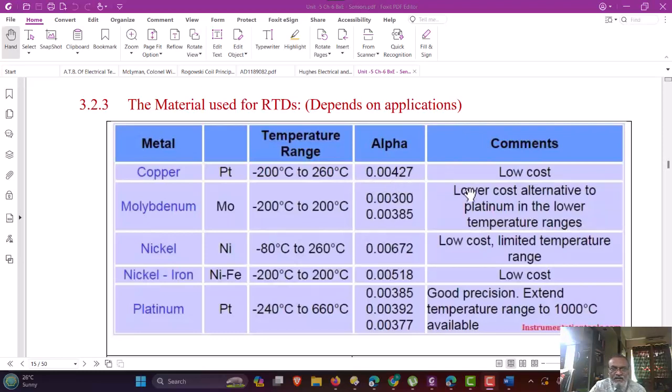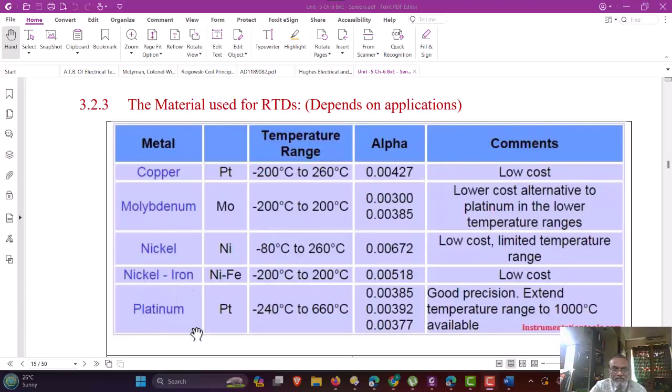Copper is a cheap material and therefore this is low cost RTD. Another material used is molybdenum, which is capable of providing the range from minus 200 to 200 degrees centigrade measurement. Nickel can also be used for preparation of RTDs and which provides the measurement range from minus 80 degrees centigrade to 260 degrees centigrade, having somewhat larger alpha.